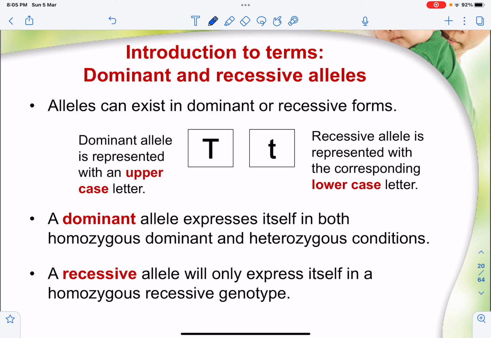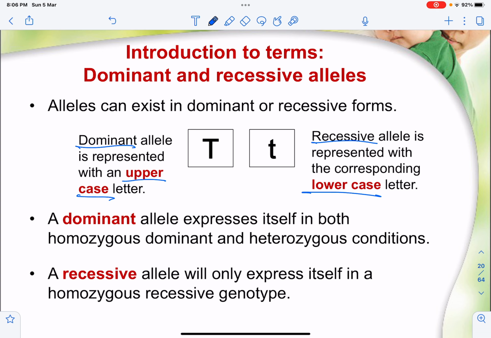Okay, so the alleles can exist in dominant or recessive form, where the dominant allele is represented with an uppercase, whereas a recessive one is represented by a lowercase. So this was already discussed just now, where a dominant allele will be able to express itself in both homozygous and heterozygous condition because it is the one that is stronger in expression.